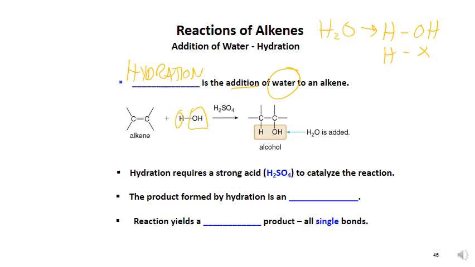Now this isn't easy to do, so we have to have a catalyst of a strong acid that makes this happen. And so what do you make? You make an alcohol. Alkane, alkyl chain with an OH group attached. And again, a saturated product gets made because there's no multiple bonds.